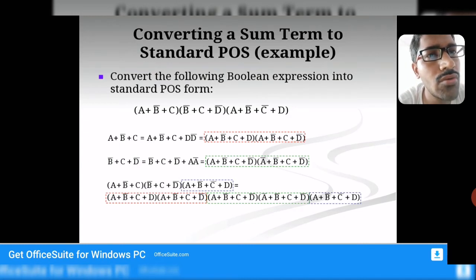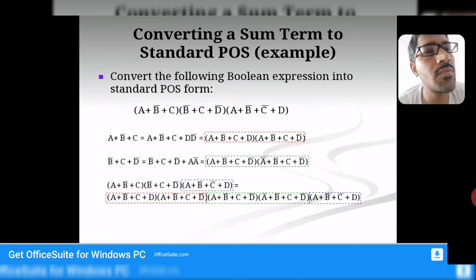So, according to the rule, x + yz is equal to (x + y)(x + z). So, here the term becomes (a + b' + c + d)(a + b' + c + d'). Again, in the second case, the same thing happens.